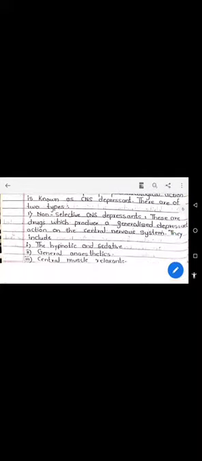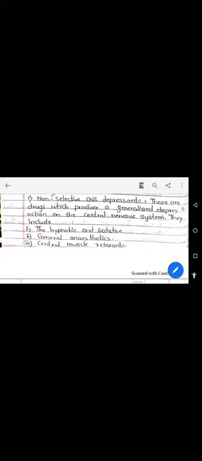There are two types. Non-selective CNS depressants are drugs which produce a generalized depressant action on the central nervous system. They include hypnotics, sedatives, general anesthetics, and central muscle relaxants.